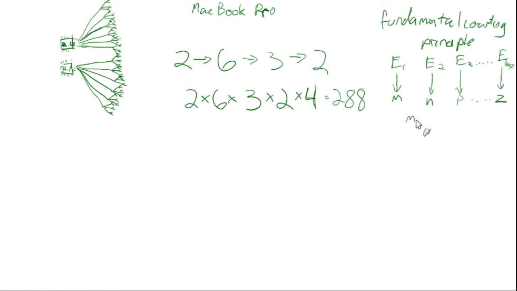Then we just do m times n times p times however many different choices we have, all the way down to this can happen z ways, just like we did here. 2 ways times 6 times 3 times 2 times 4 ways, and that gives 288 possible combinations that we could put together. So the fundamental counting principle, fundamental meaning a lot of things are going to be built off of it.